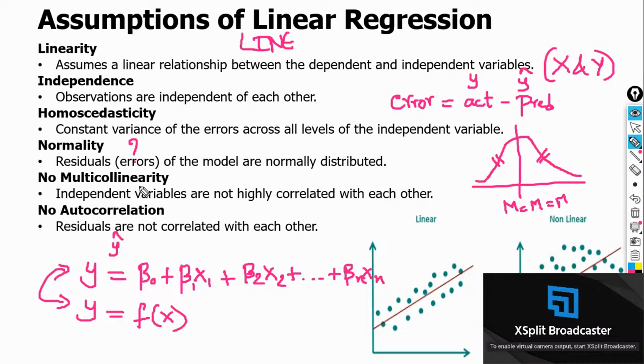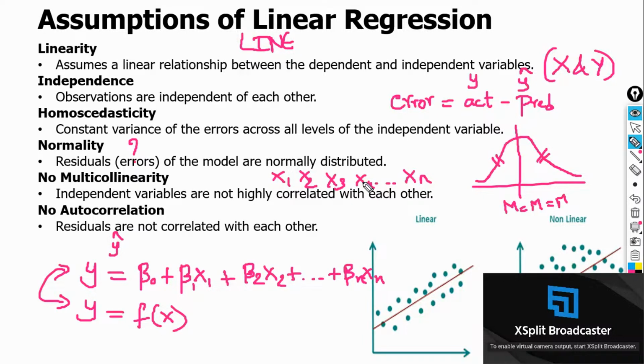Then I should not have any kind of multicollinearity. What is multicollinearity? It is when the independent variables x1, x2, x3, x4, and so on up to xn are correlated with each other.